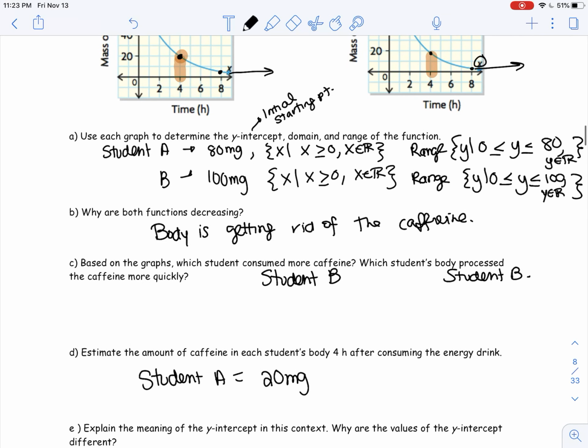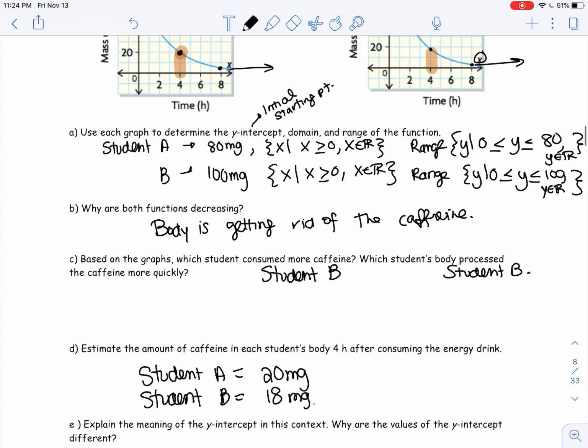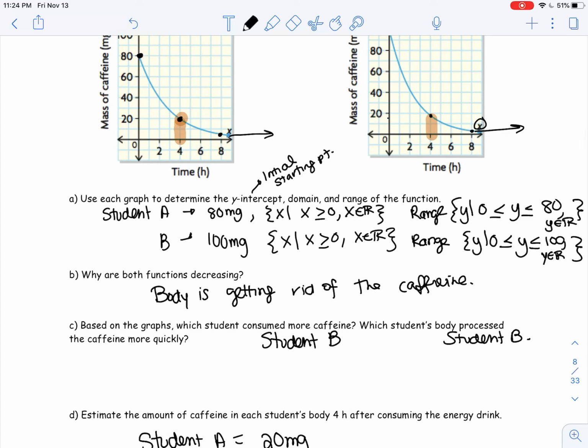It looks to be slightly less than 20 milligrams. So for student B, I would estimate about 18 milligrams. Okay, 18, 17, whatever's close to that 20 mark. You're just using the graph to figure out how much mass is there after 4 hours. You're looking at the side and saying, where does it line up along the y? That's what I did for both.